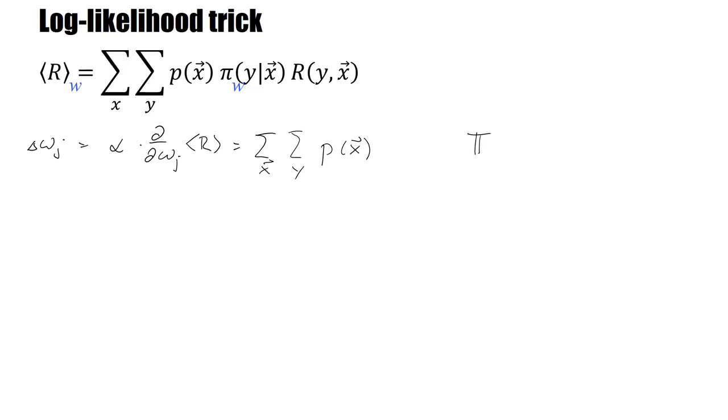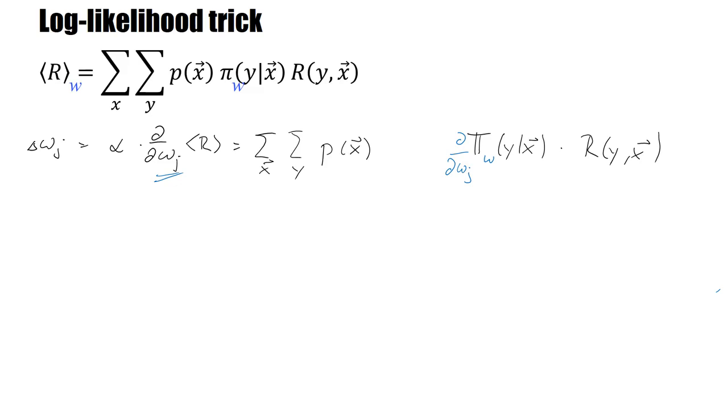I have my p of y given x, which depends on w, and then I have my r of y and x. And I said this policy depends on the weights w, and I take the derivative with respect to one of these weights, wj. So, and this is the averaging.